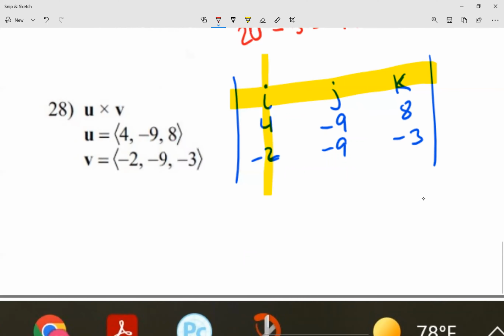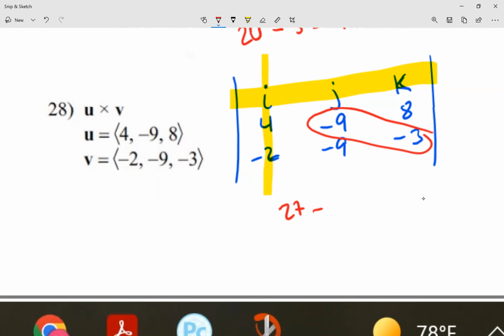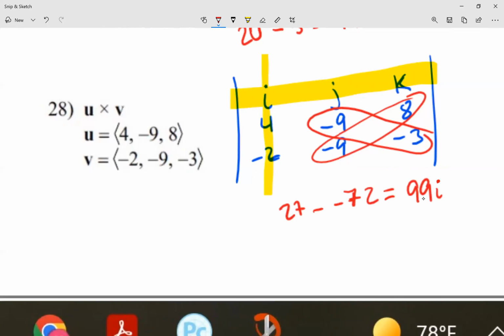So I'm going to cross multiply, so I get 27. And when I say cross multiplied, I mean -9 times -3. So 27 minus -9 times 8, which gives me -72. We know that minus a negative basically is plus. So this gives me 99 for my I value.